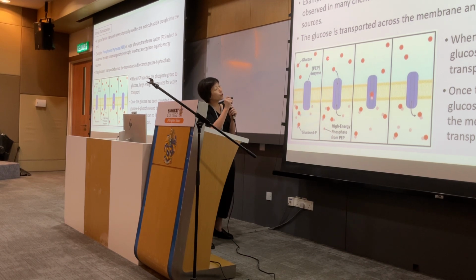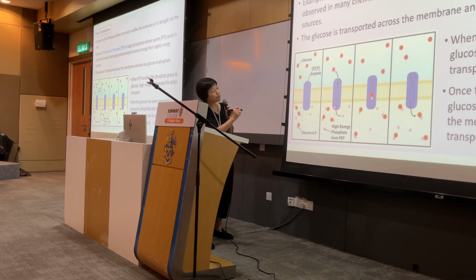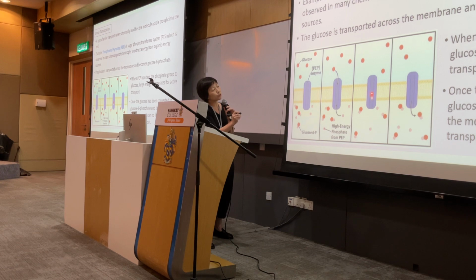So when the glucose tries to come in, it has a phosphate group, and the phosphate group breaks off, and when it breaks off it generates a lot of energy. So this phosphate group will attach to the glucose. This is the phosphate group, this is the glucose.